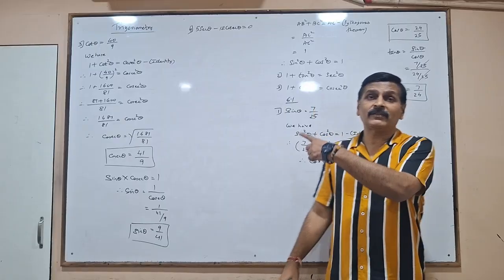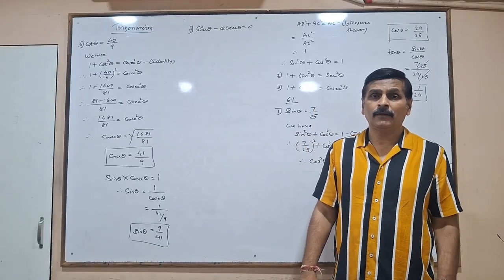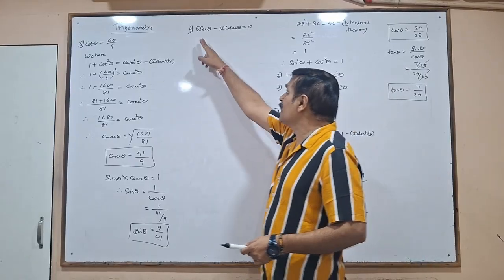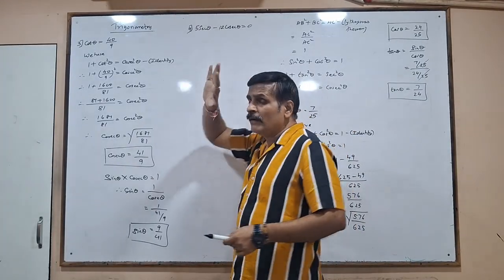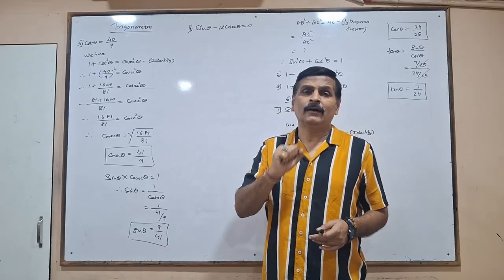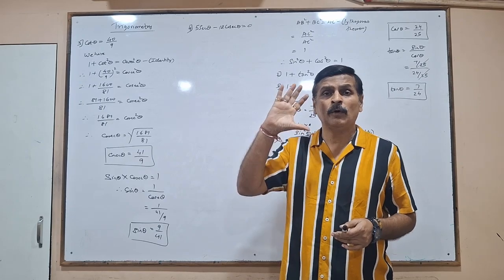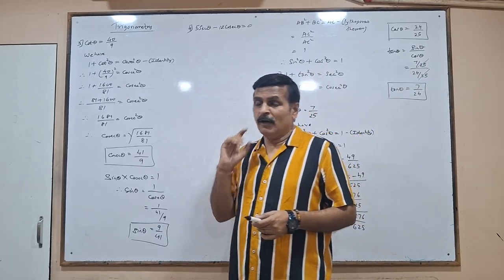But when such questions are framed, don't panic, because as the numbers are there as the coefficient, by simplifying you will get a trigonometric ratio equal to a particular value, a fraction.